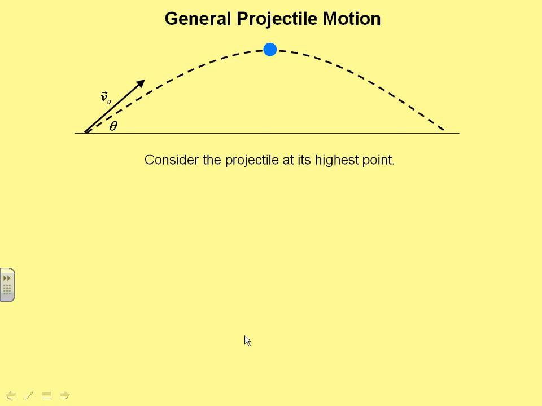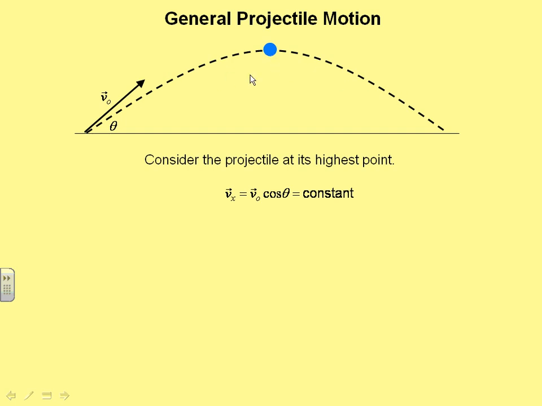So one other quick thing I want to look at here in this two-dimensional full-on projectile motion. Let's look at this projectile at its highest point. What do we know about the motion of that projectile at its highest point? Well, as we just talked about, the horizontal velocity is constant, and it's Vo times the cosine of theta. So the velocity here initially is Vo cosine theta. The velocity here at the highest point is Vo cosine theta.